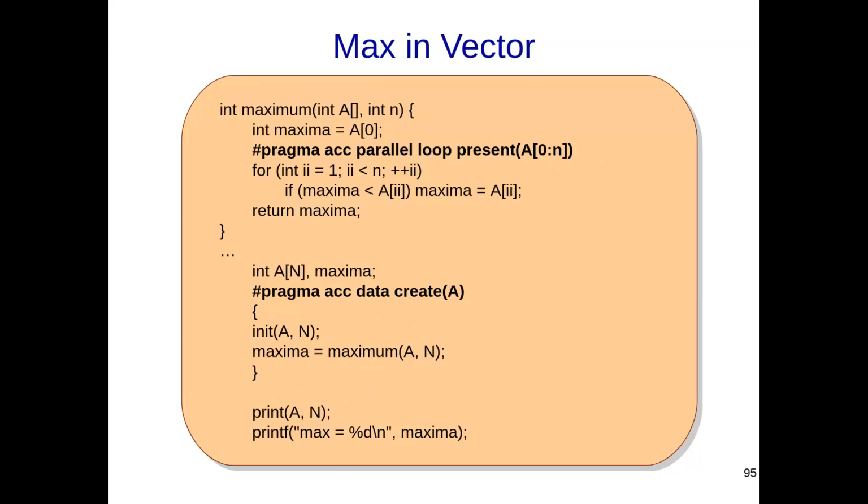Does anybody see any issues with this code? Okay, we don't need copy out of A in this case because A is not getting... actually, we will need copy out of A because we are printing the value of A here, I mean the whole array.